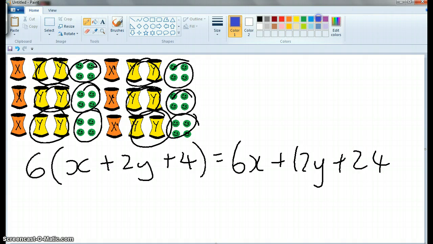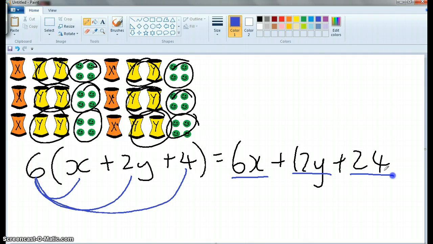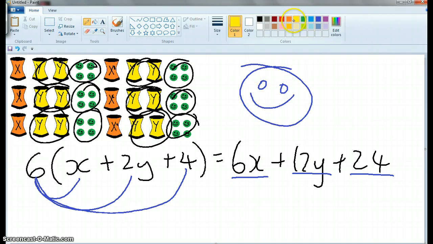So what I need you to notice is that 6 times x is 6x, 6 times 2y is 12y, and 6 times 4 is 24. Hands up who's with me. Beautiful, clever clogs. So, happy?